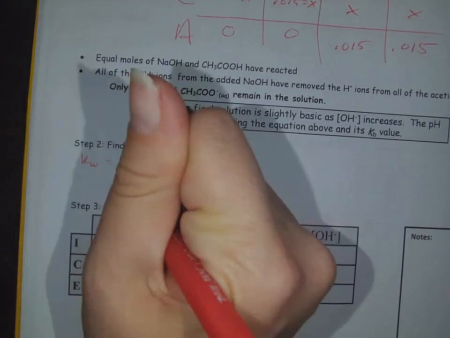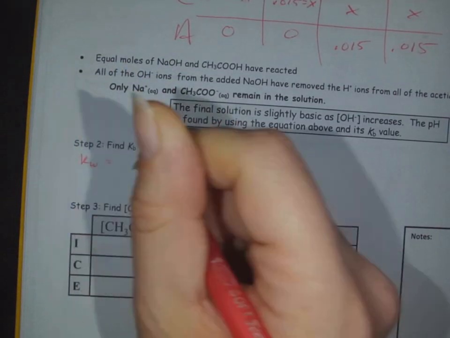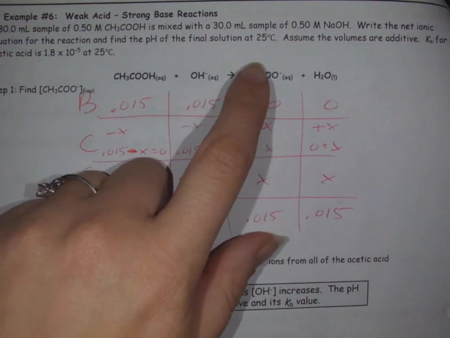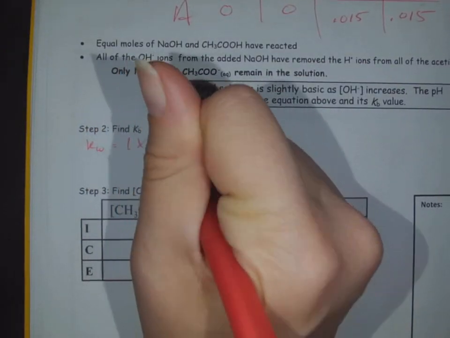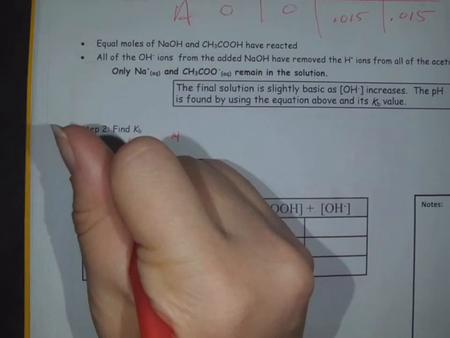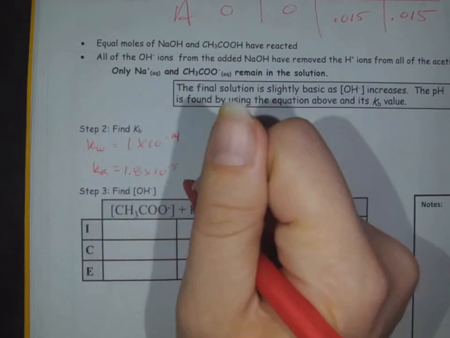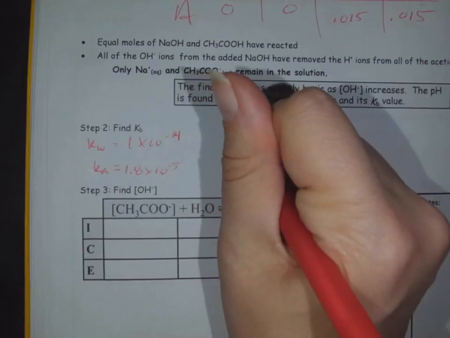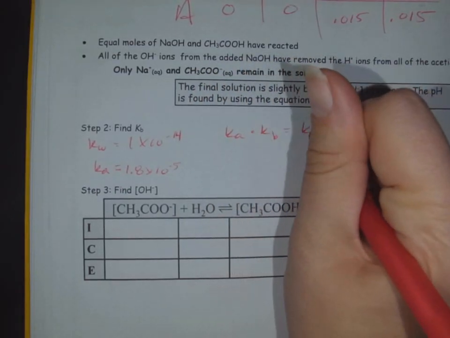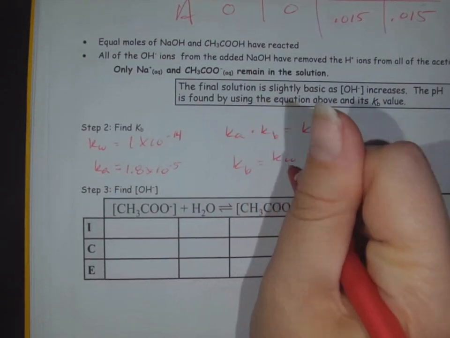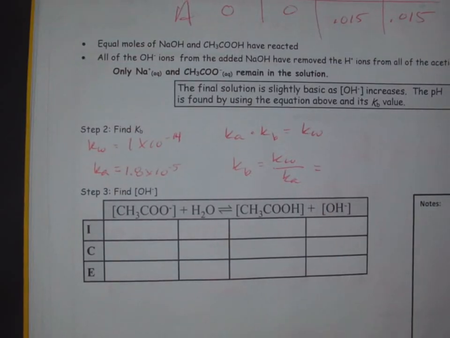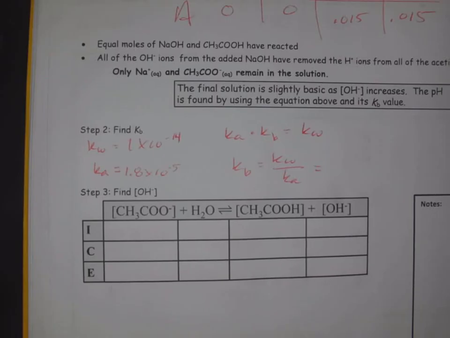We know Kw at 25 degrees Celsius, which, even if it didn't say, we can assume, but this one did tell us it was 25 degrees, is 1 times 10 to the negative 14. And we know that our Ka is 1.8 times 10 to the negative 5th, and we're going to solve for our Kb. So Ka times Kb equals Kw. Solving for Kb, Kb is equal to Kw divided by Ka. 1 times 10 to the negative 14 divided by 1.8 times 10 to the negative 5th.